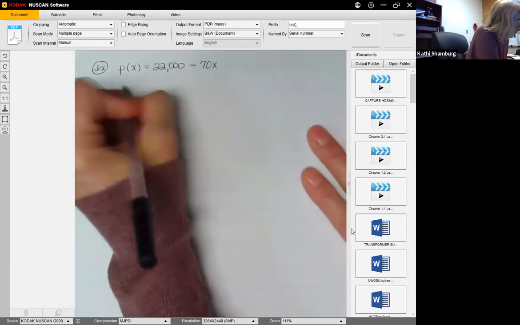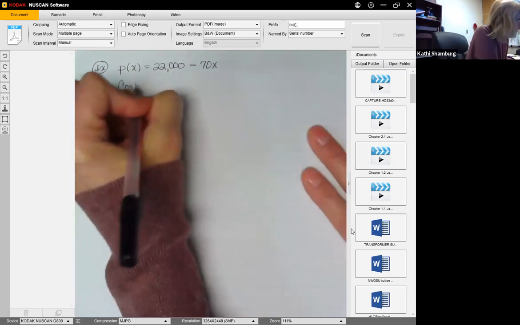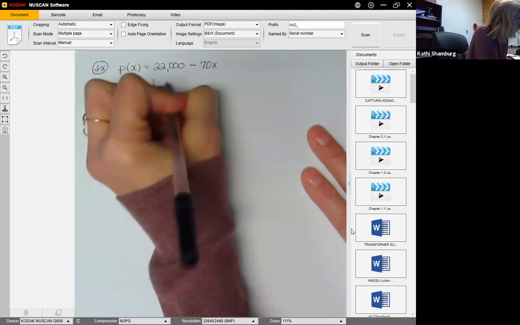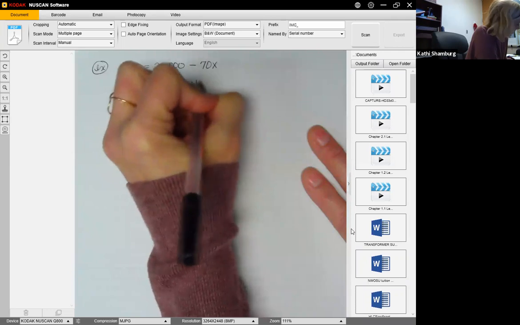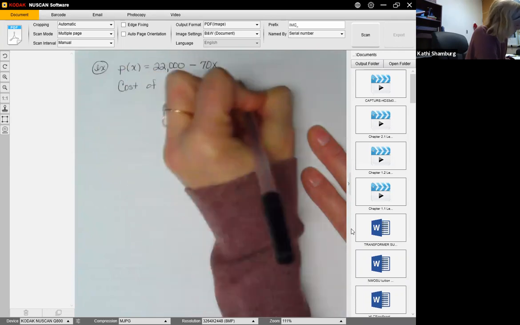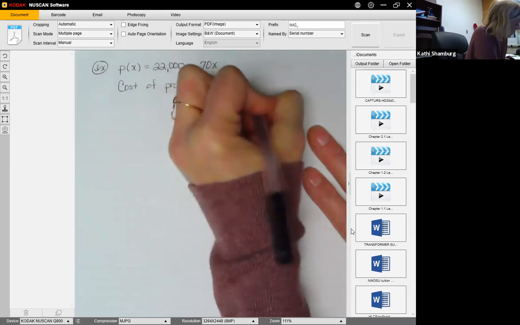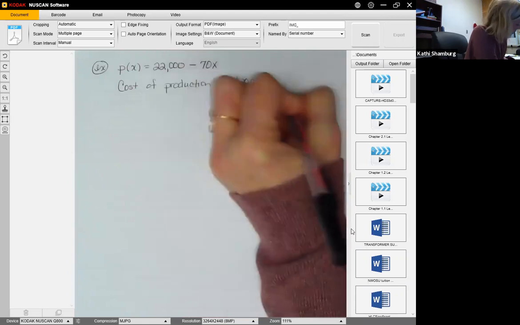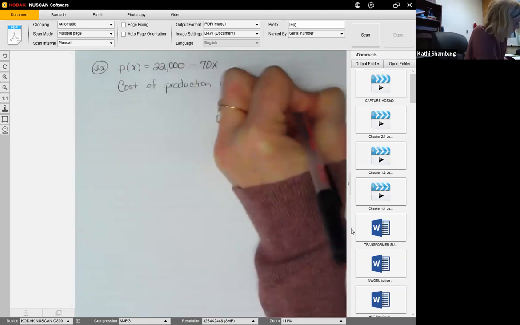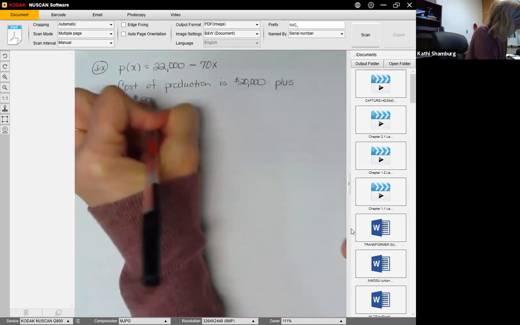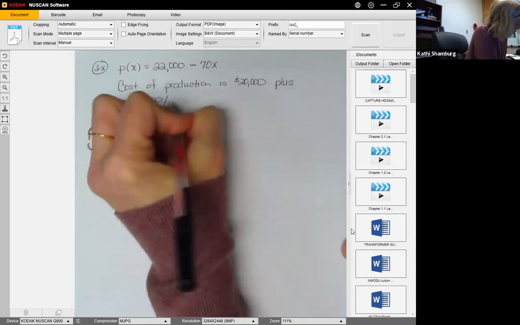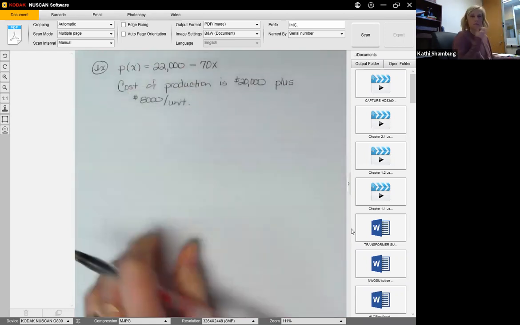So we're also given that the cost of production is 20,000 plus 8,000 per unit.